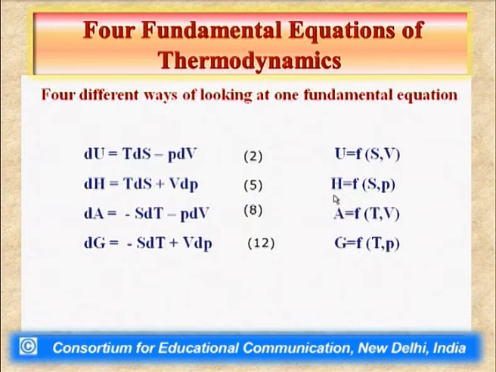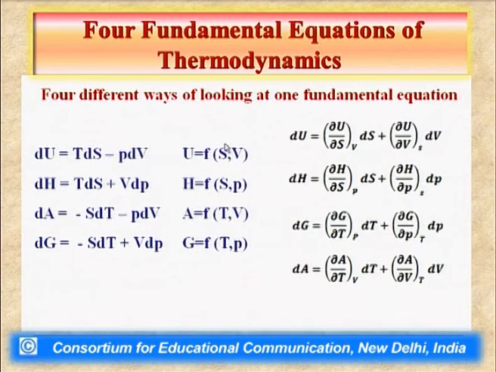In the same way, Helmholtz energy can be considered a function of temperature and volume, and Gibbs energy a function of temperature and pressure. These four fundamental equations suggest which functions are related to which natural independent variables. For example, for internal energy, the natural independent variables are entropy and volume. For enthalpy, entropy and pressure; for Helmholtz energy, temperature and volume; and for Gibbs energy, temperature and pressure.